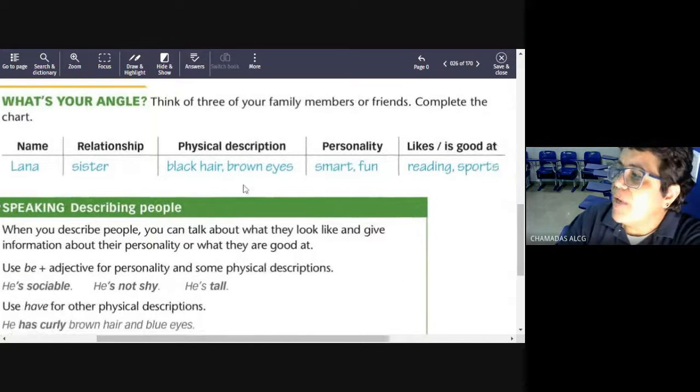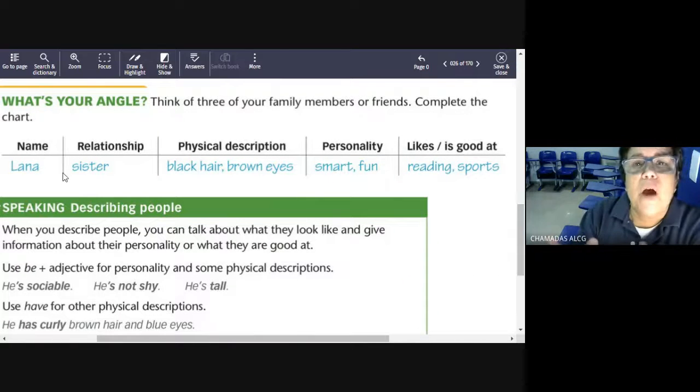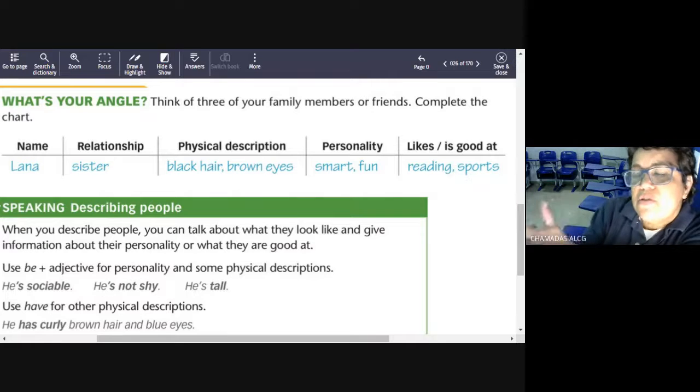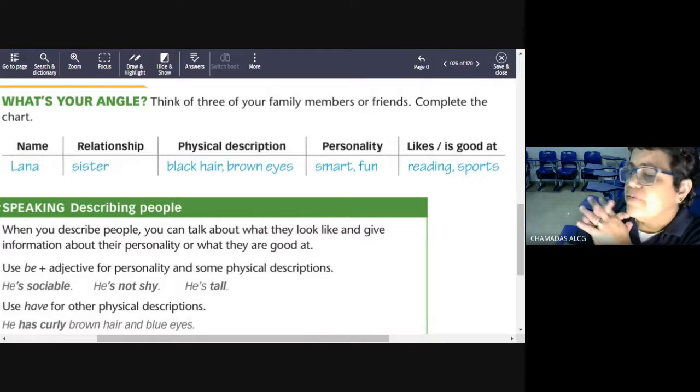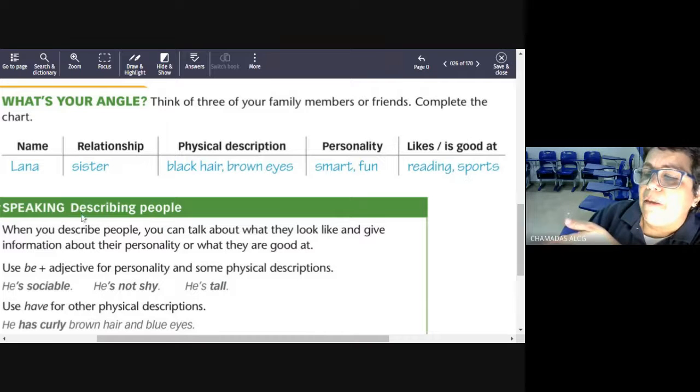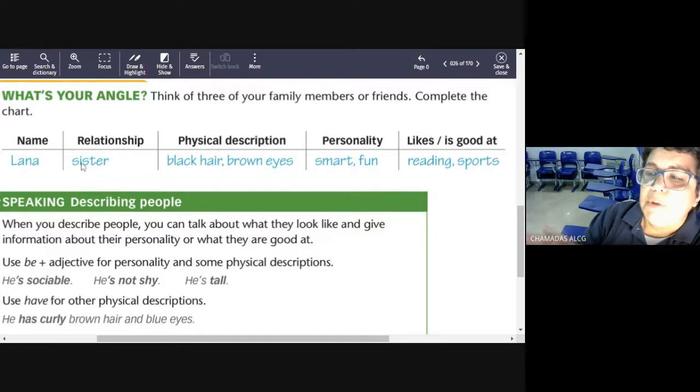Okay, so here we have like a summarized way to describe someone. Okay, so I'm describing here, suppose I'm describing my sister. Her name is Lana. She has black hair and brown eyes, or she's got black hair and brown eyes. She's smart and fun. And she likes reading and she is good at sports.